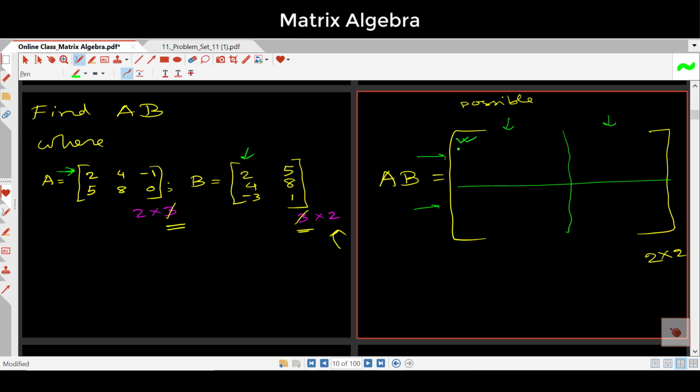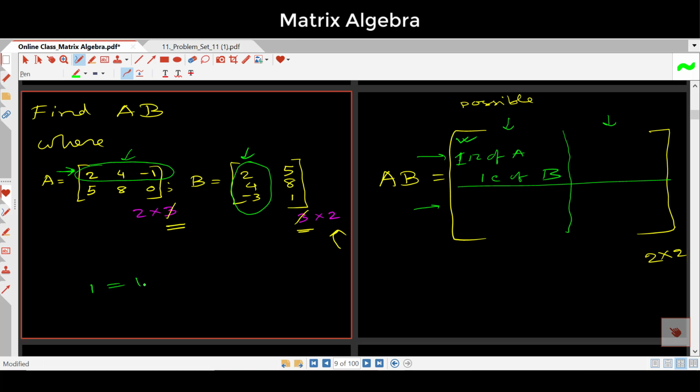First of all, in this position calculations will be done by this and this, that is the first row of A times the first column of B. Here 1 means first, R means row, I am writing in short here. Similarly, C means column.